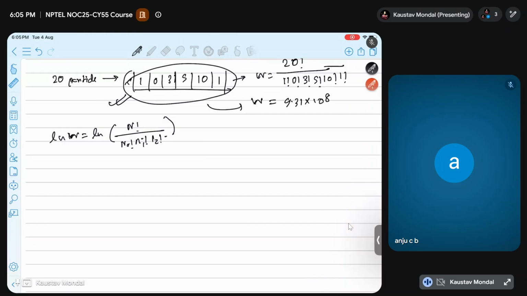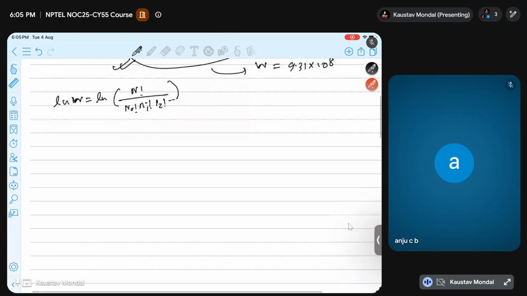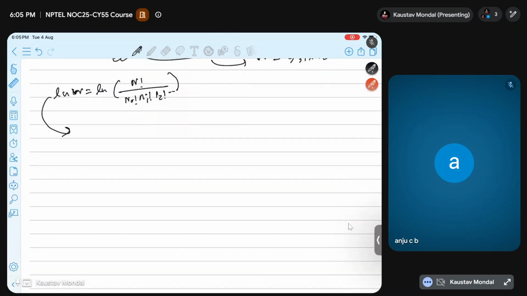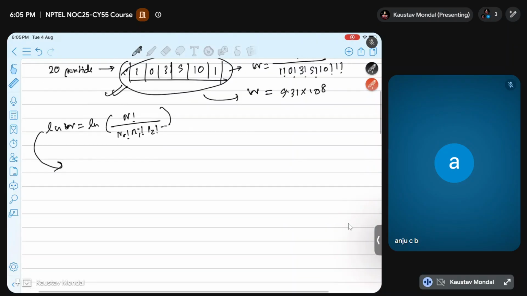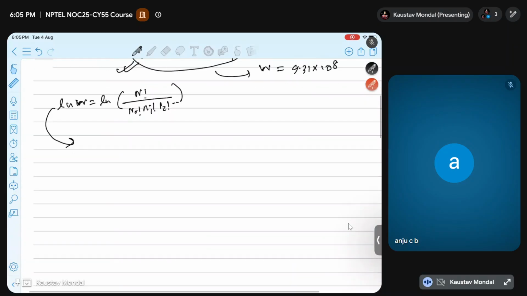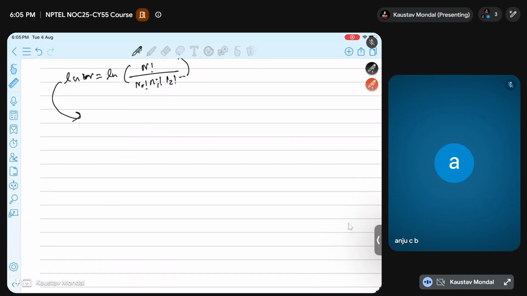Our primary goal was to take the derivative of ln W and find out for which distribution or arrangement ln W gets maximized. We know the condition for a function to be maximized is that its derivative has to be 0. This is the extremum condition for any function.